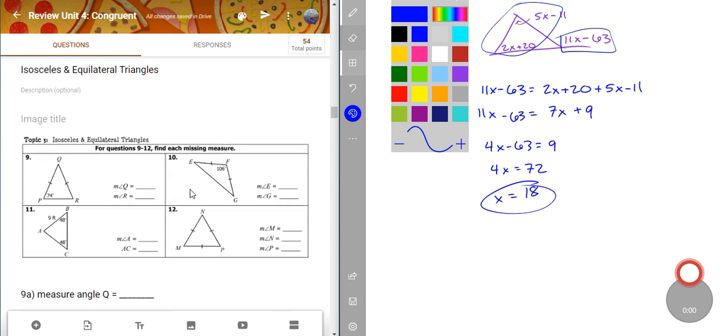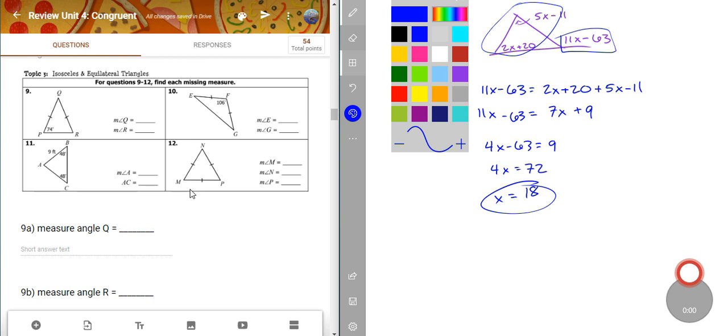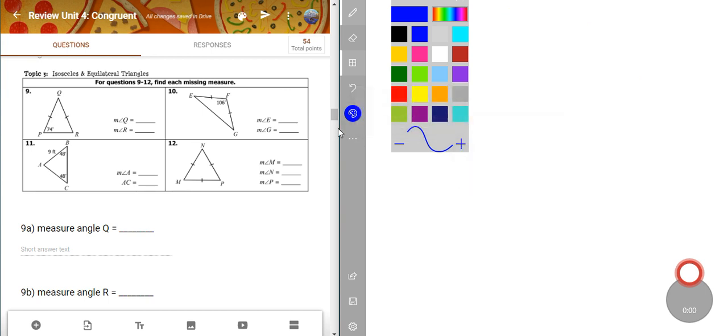Okay, now we're on the isosceles and equilateral triangles, so we'll use some of our special properties. We know those are congruent, which means by our isosceles theorem, the base angles are congruent. So if that's 74, that's got to be 74. And if those are 74 apiece, that adds up to 148, which leaves 32 up top.